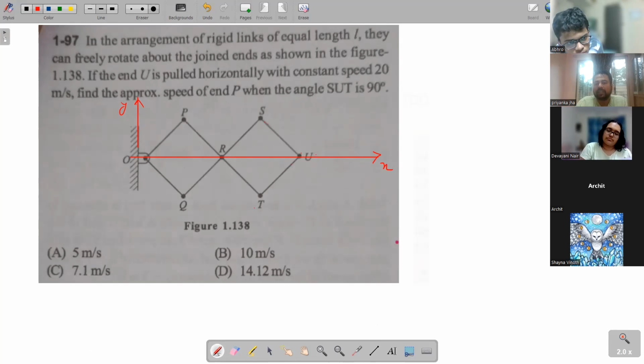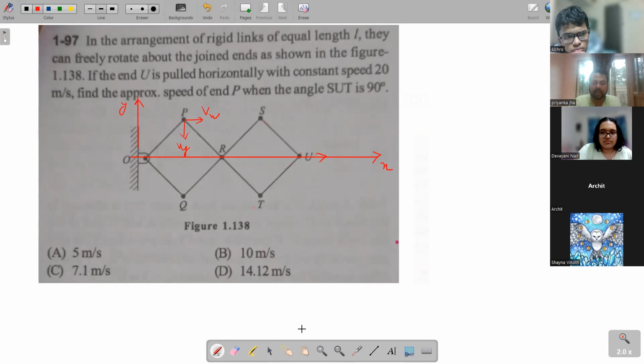Now you see, when U moves towards the right, P will fall as well as move towards the right, because if you pull this U point, P will go down as well as along the x-axis. So P will have two components, Vx as well as Vy, correct?